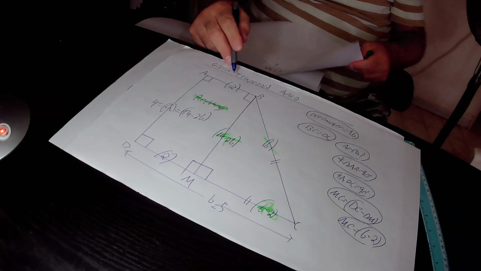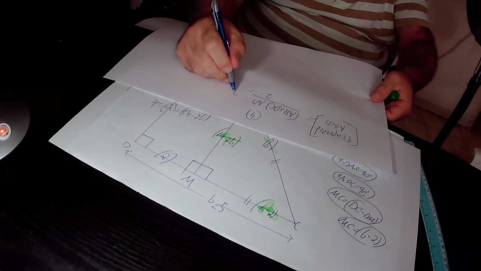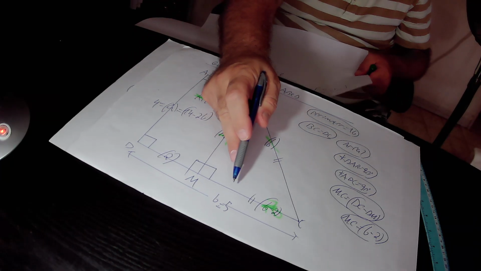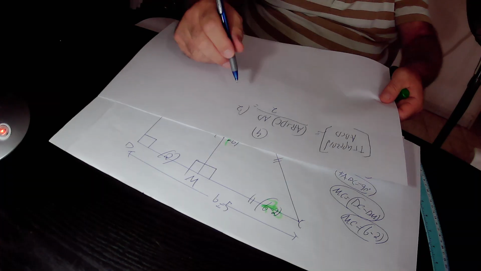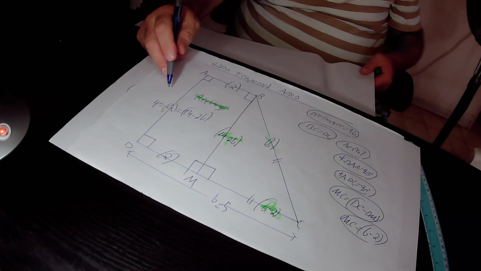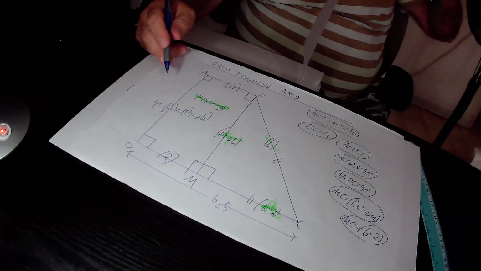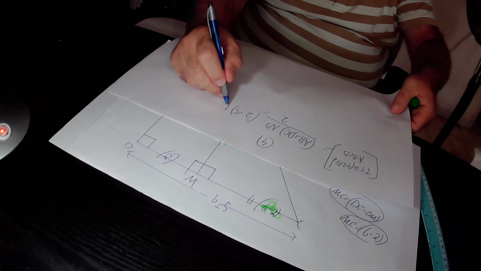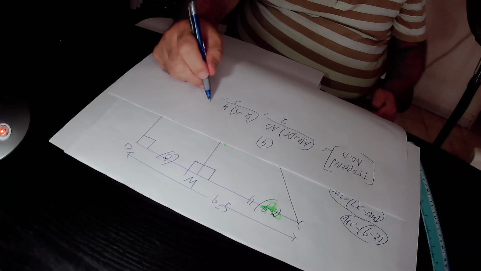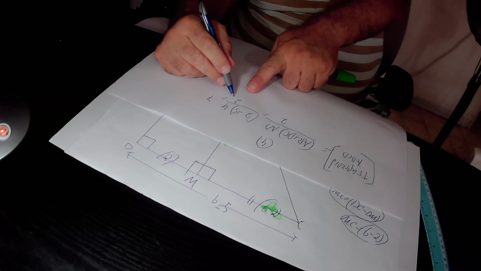AB is 2 according to what is given in the question, plus DC. DC is 5 because it equals b and b equals 5. So DC is 5. Plus 5 times AD. We've already found that AD equals 4 units in its length, divided by 2. 2 plus 5 is 7 and 4 over 2 is 2.